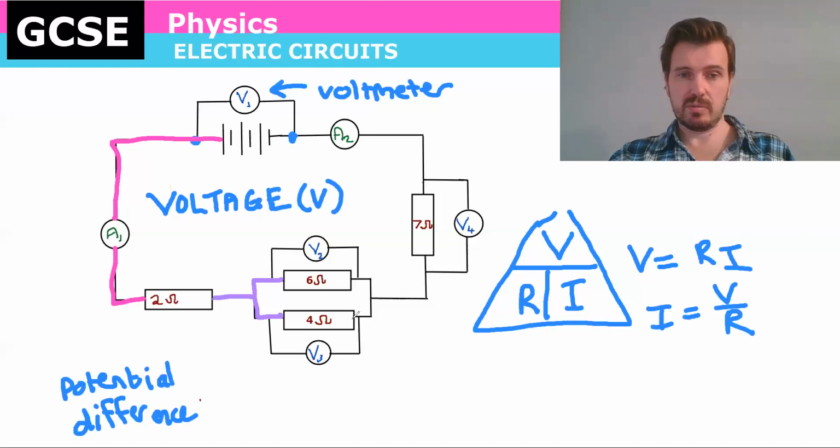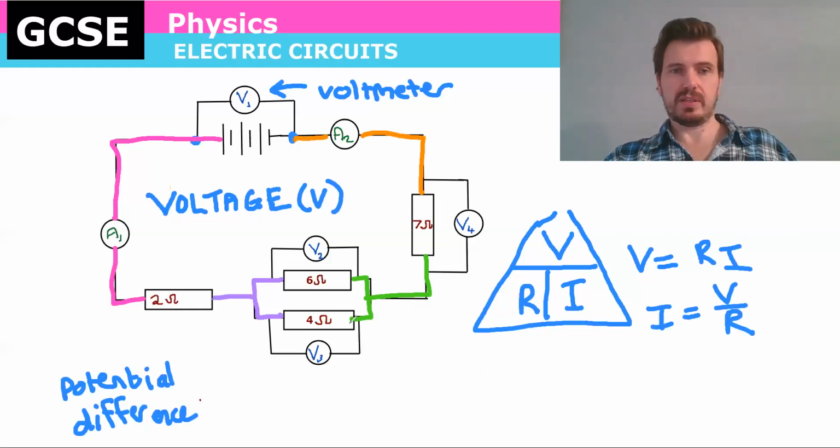But obviously, when it's gone through these 2 resistors, some of the voltage has been used up. And then more voltage gets used up across the 7 ohm resistor. And now it's back at the beginning.